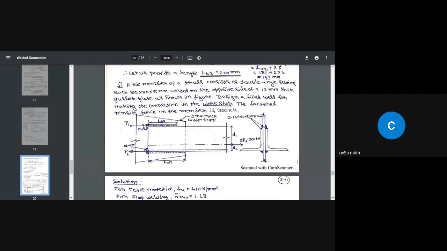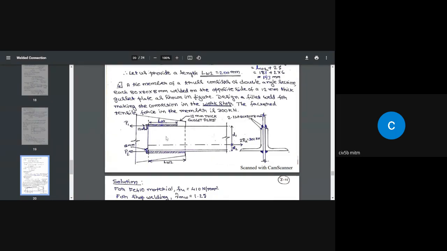So design force is obtained by multiplying the service force, which is 200 kilonewton by 1.5, that is equal to 300 kilonewton. So this is design force or ultimate force or factored force in the member. You don't have to multiply this by 1.5 because it is already multiplied. Okay, you take this force as it is and design the connection to withstand this design force.